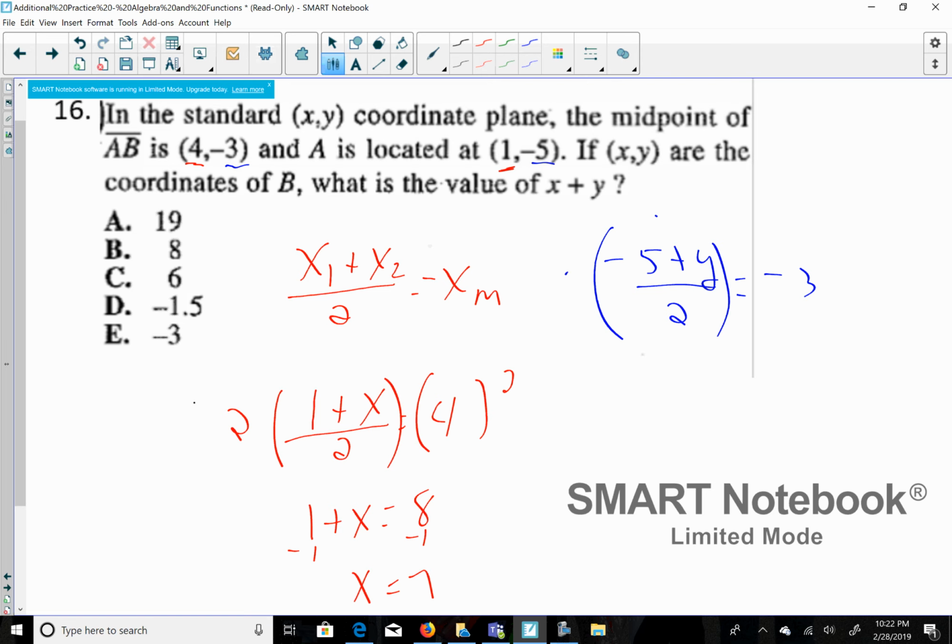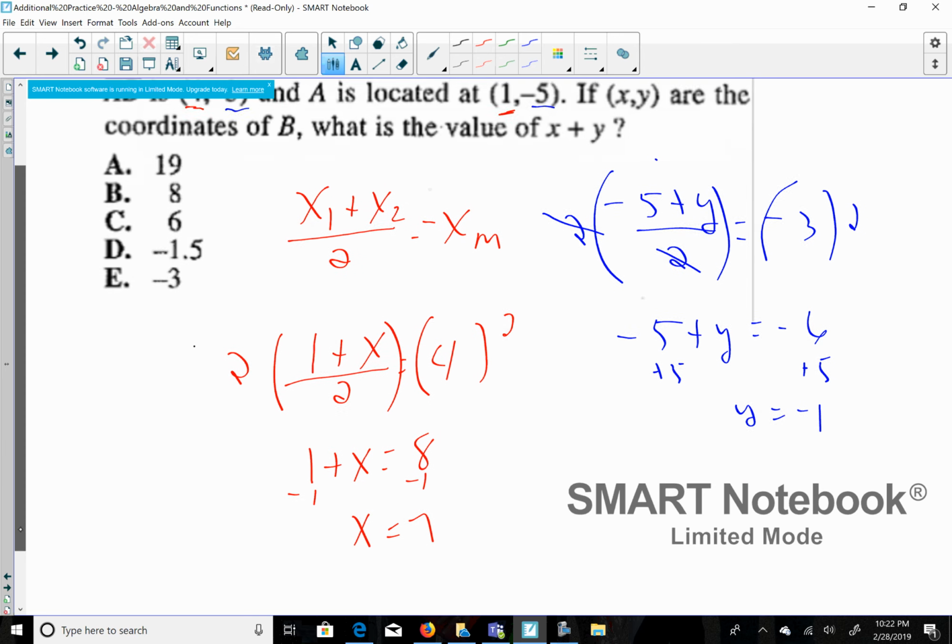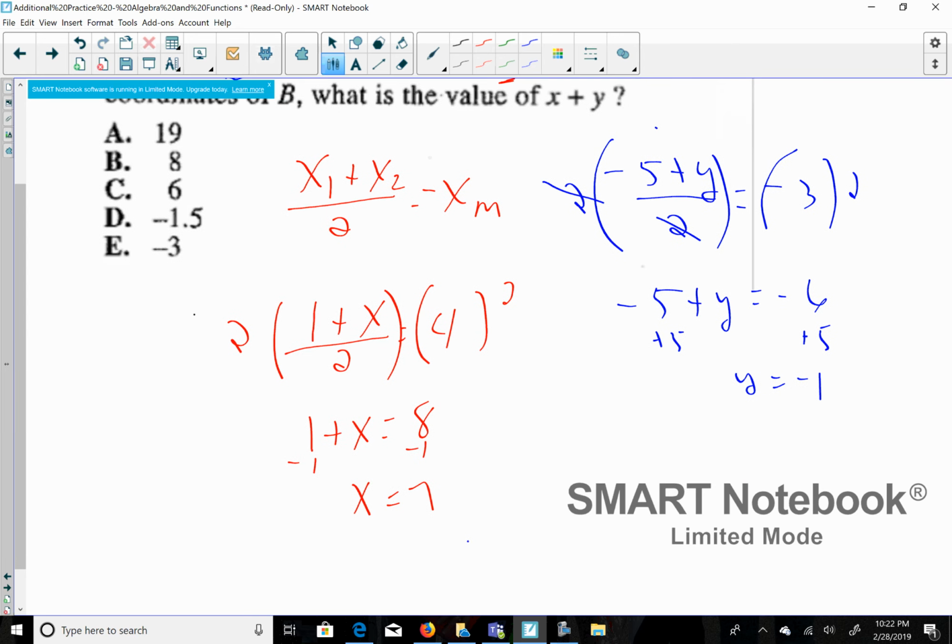Multiply both sides by 2. Here, these two simplify, and I'm left with -5 plus y is equal to -6. Add 5 to both sides, and I get y is equal to -1. So my x was 7. My y is -1. When I add those two, I get a sum of 6, which is choice C.